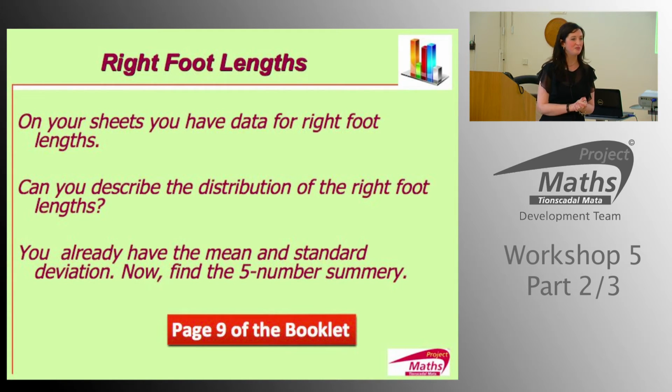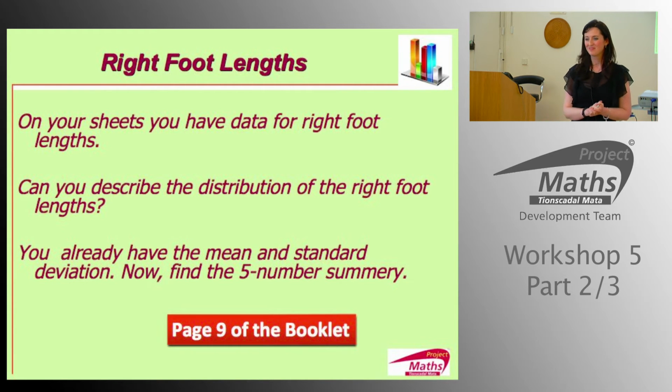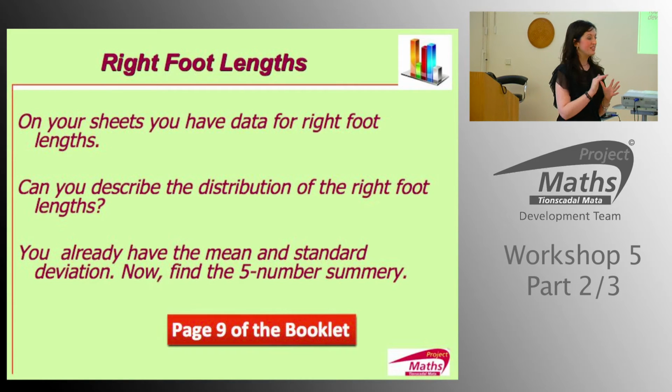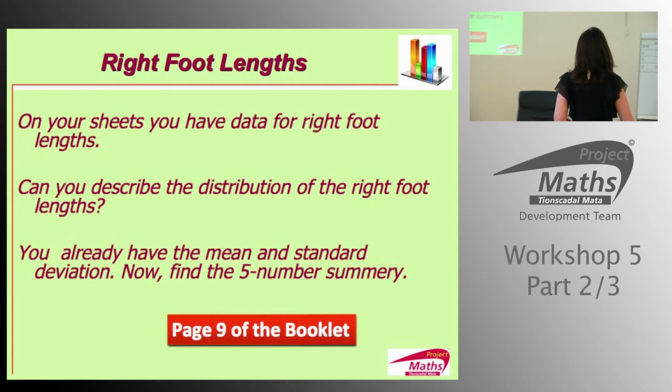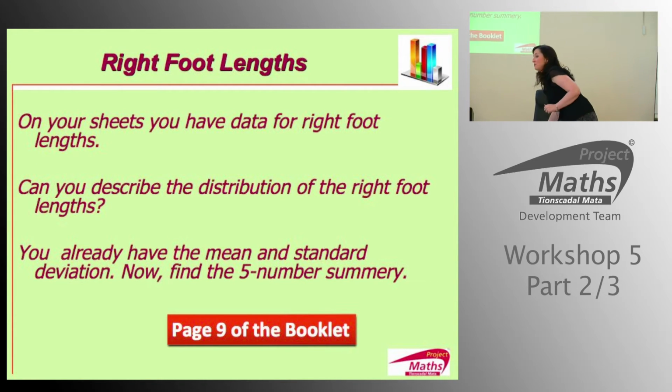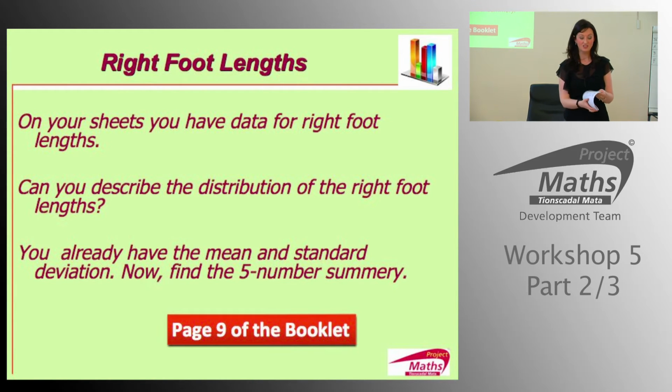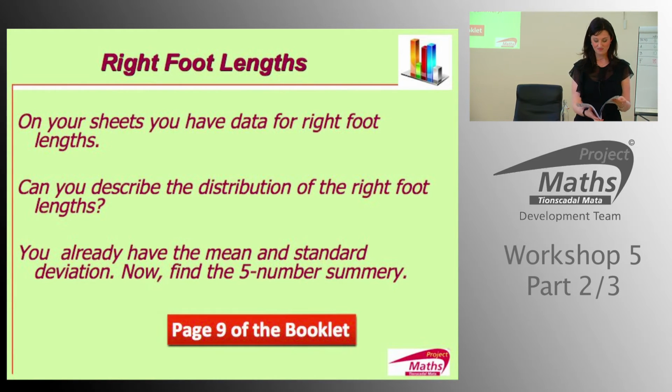All right, page 9, that's it. Now, can you see underneath your data on page 9, you have your 200 pieces there, but underneath you've been told what the mean is and what the standard deviation is. Can you see that?